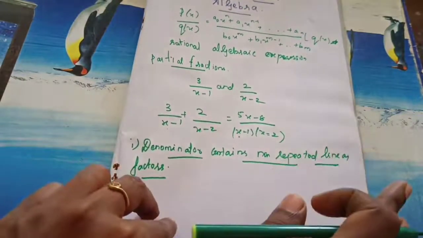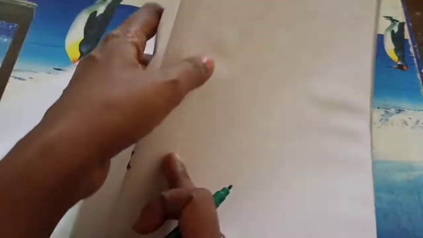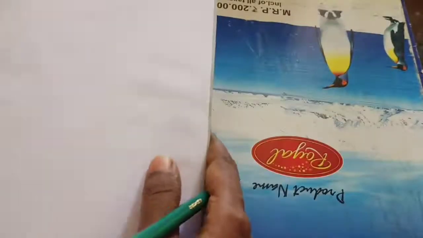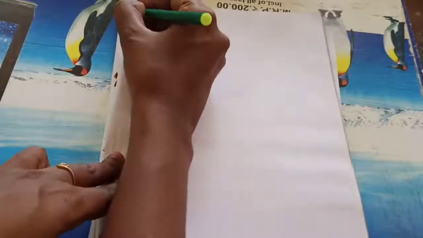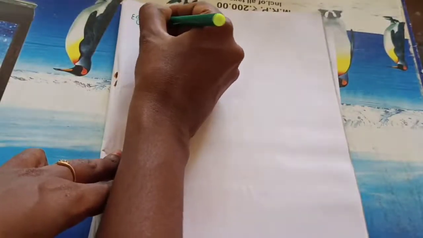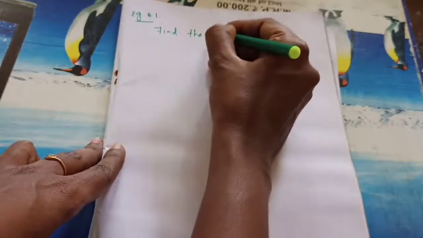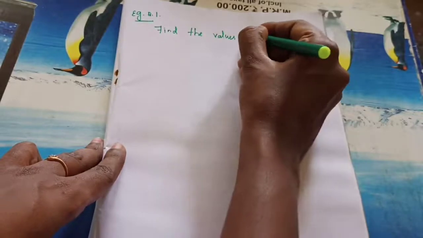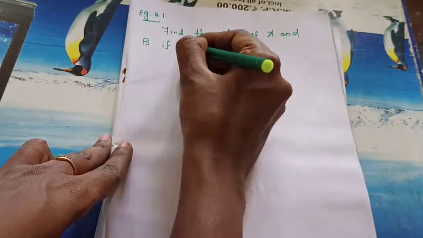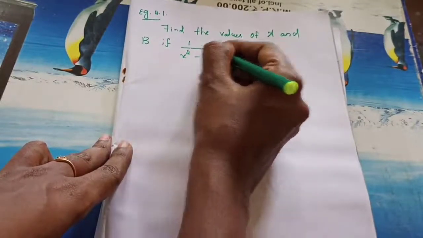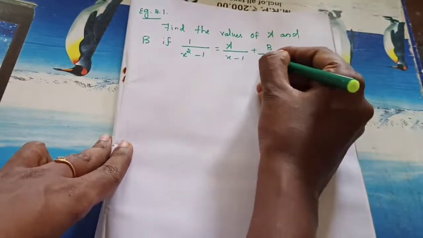Example 2.1. We will solve by using type 1. Find the values of A and B if 1 by x square minus 1 is equal to A by x minus 1 plus B by x plus 1.